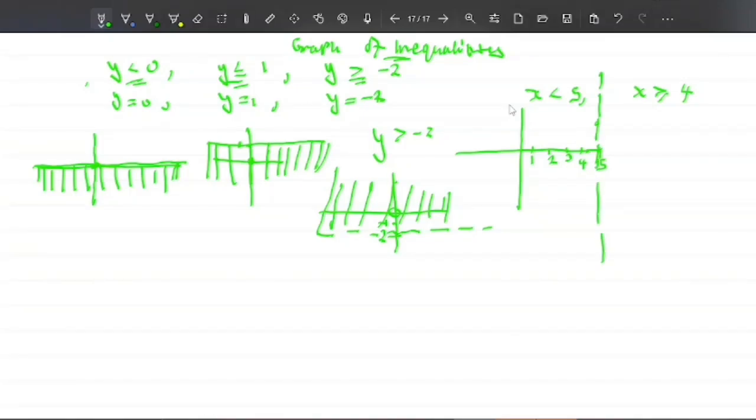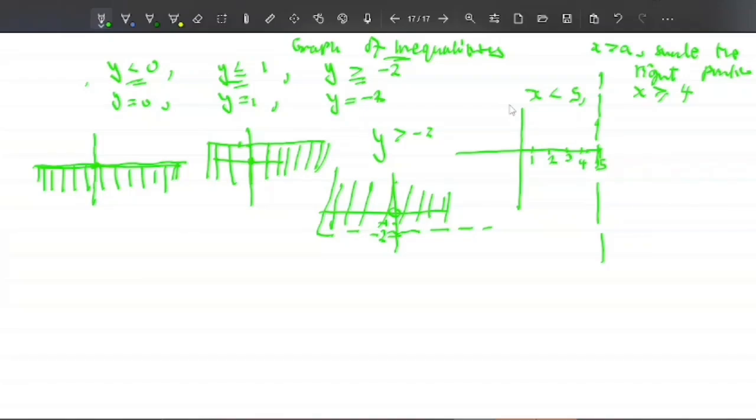So where do I shade? In the case of x, if it is in the form x greater than a, you shade towards the right. That's the region that satisfies, so shade the right portion.